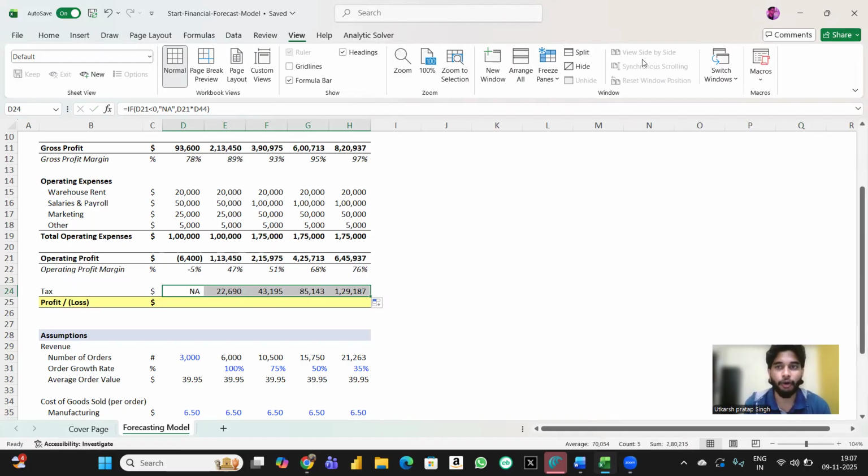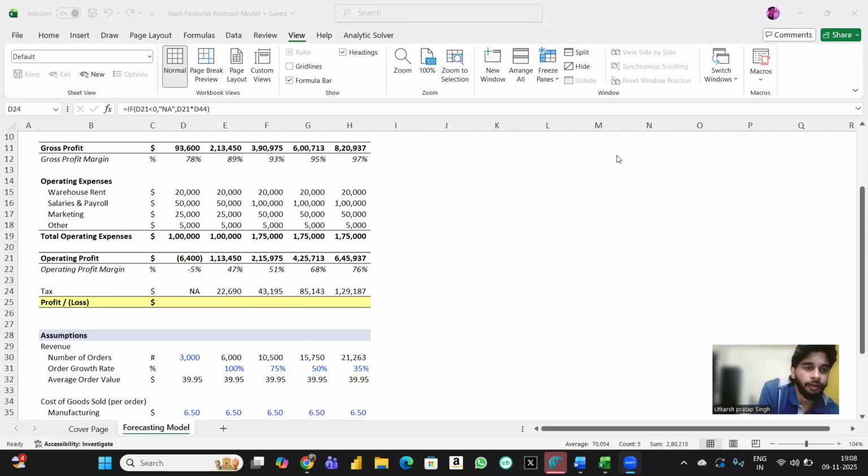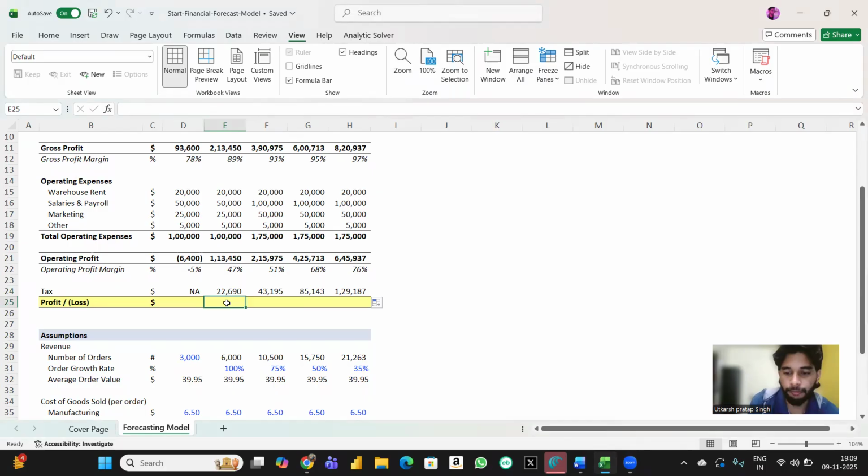Now, how are we going to calculate the profit for a particular year? For the first year, it would not be any profit, it would be a loss of 6,400. For the second year, it is equal to operating profit minus the tax which is charged.